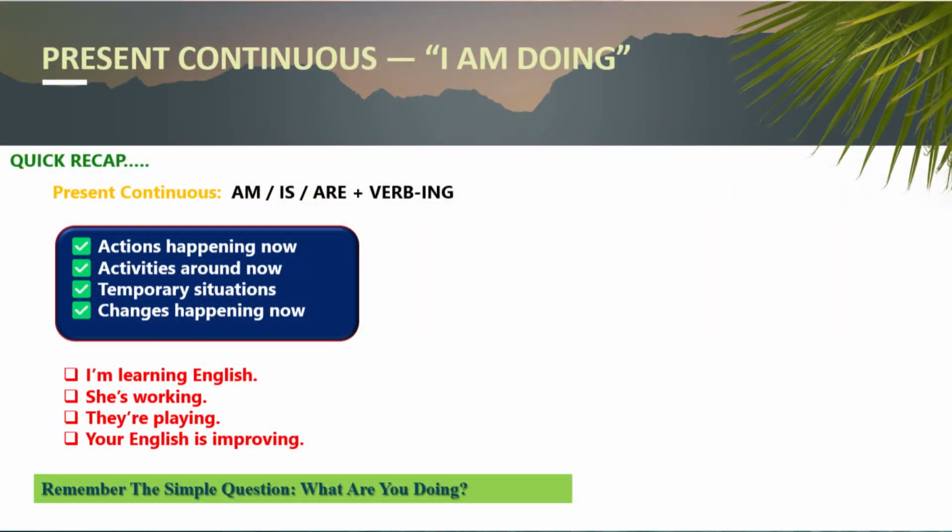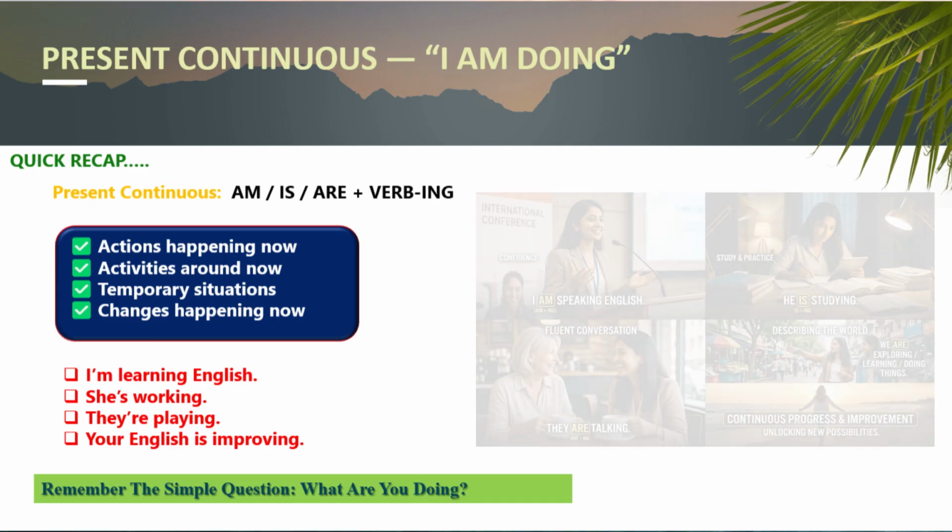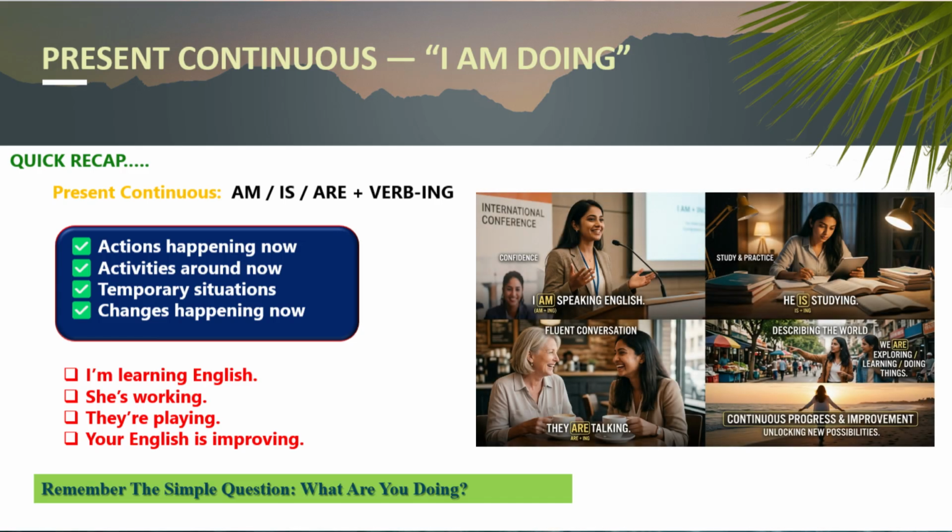Let's finish by putting everything together. The present continuous is formed with am, is, or are, plus a verb ending in ing. We use it when something is happening now, such as I'm eating, she's sleeping, or they're playing.